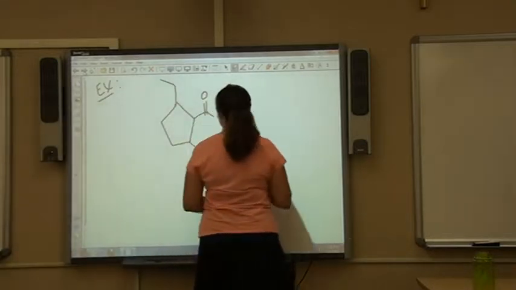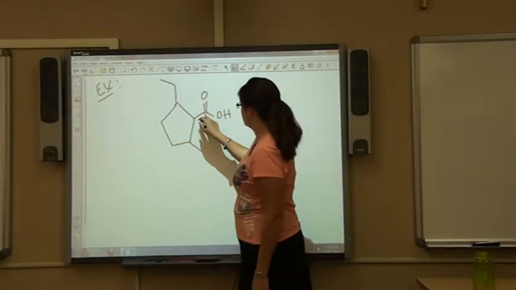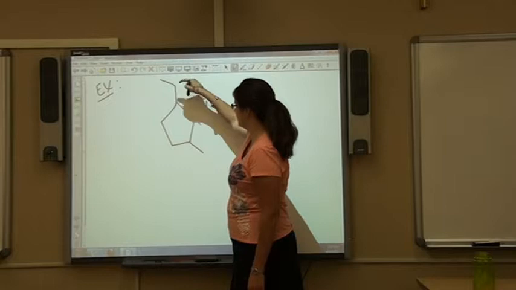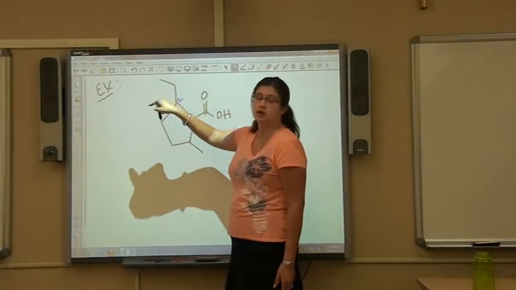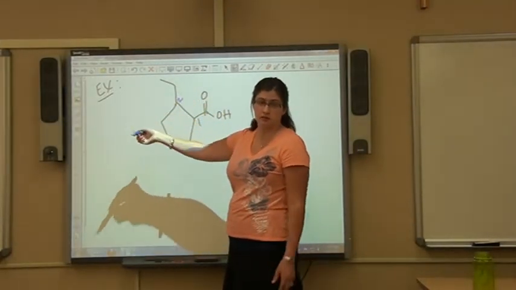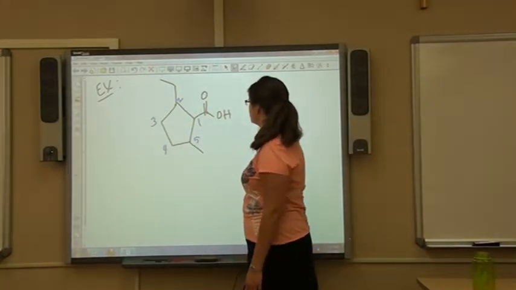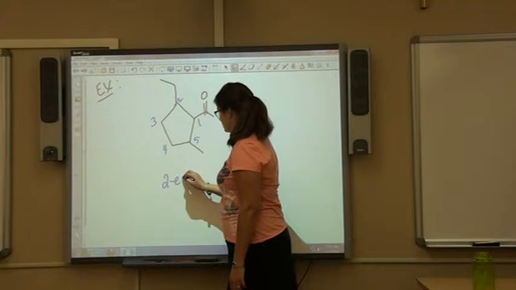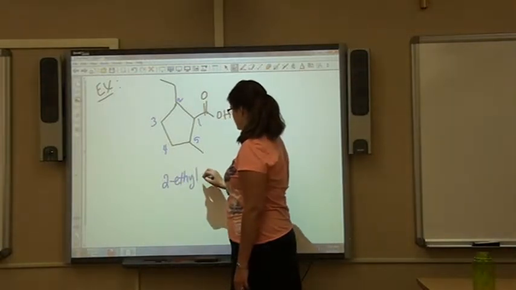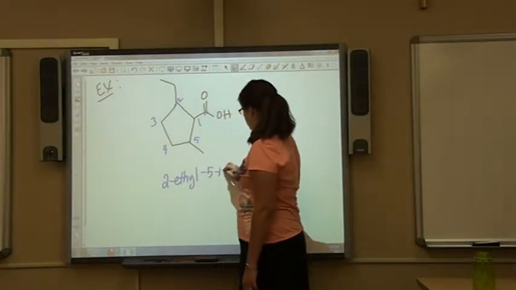Here's another one of those. Now here you have to number counterclockwise so that this ethyl has the smallest number, because ethyl comes before methyl in the alphabet. So here we will have 2-ethyl, 5-methyl.